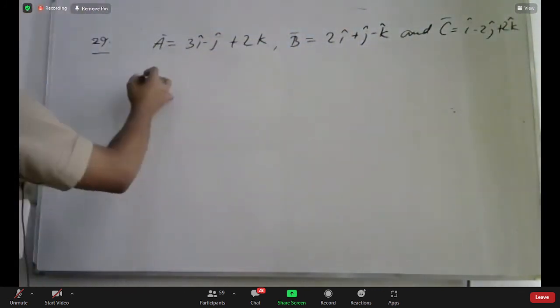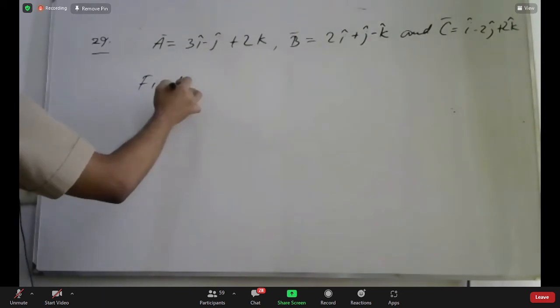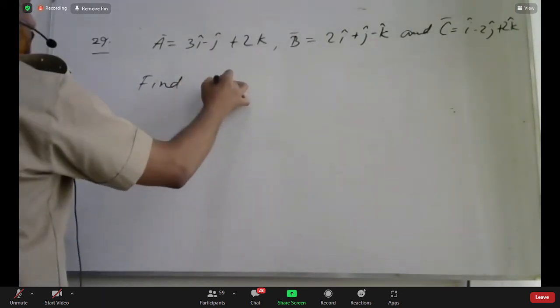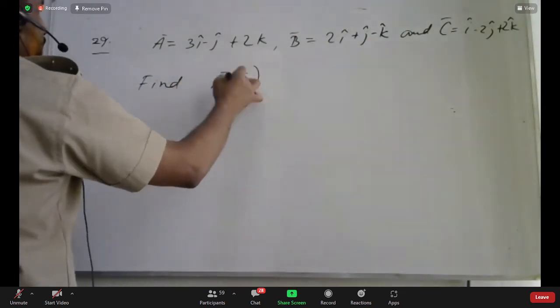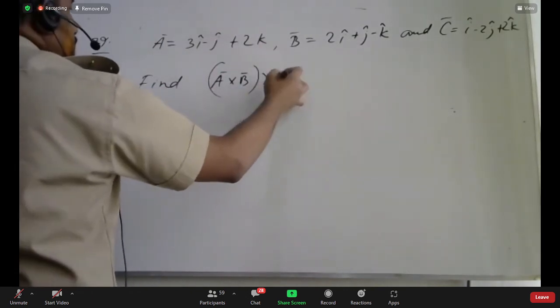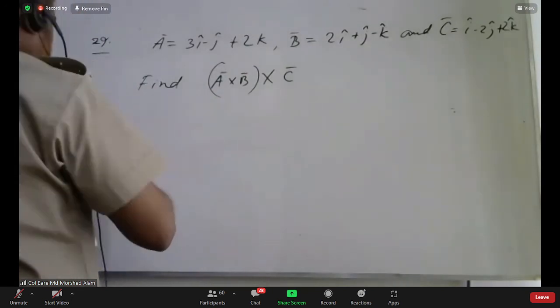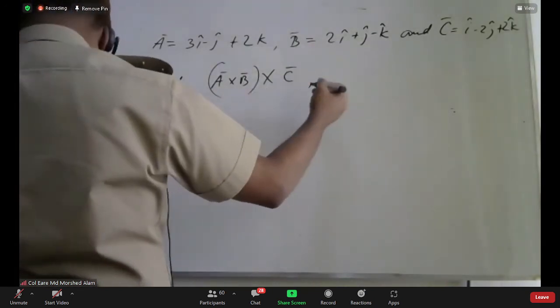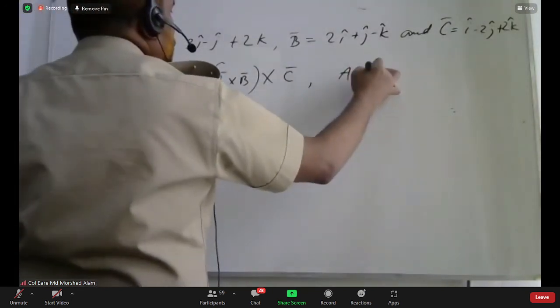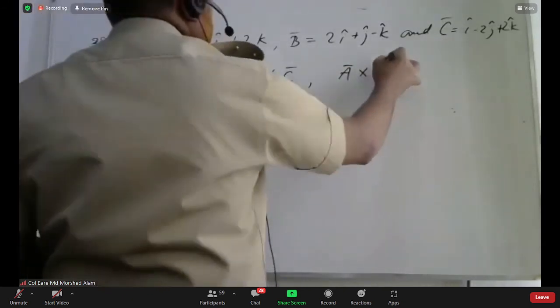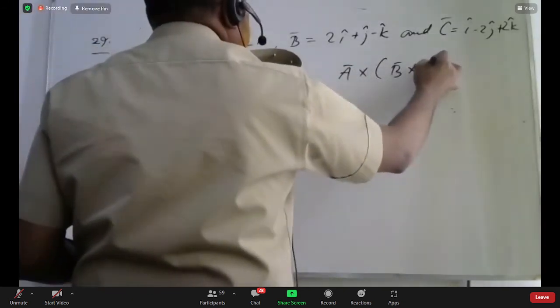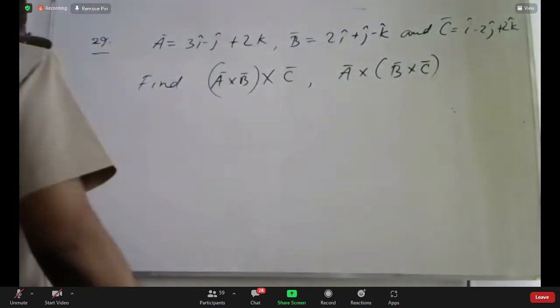So find (A cross B) cross C, and find A cross (B cross C). Okay.